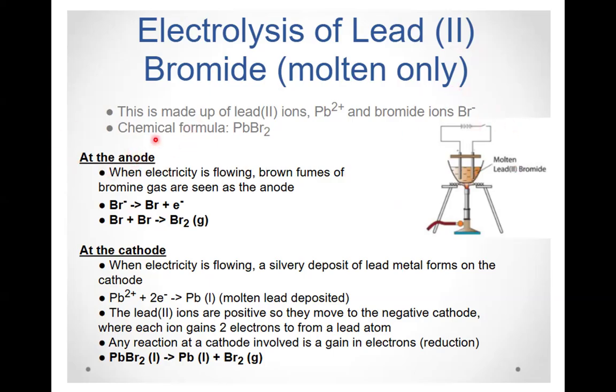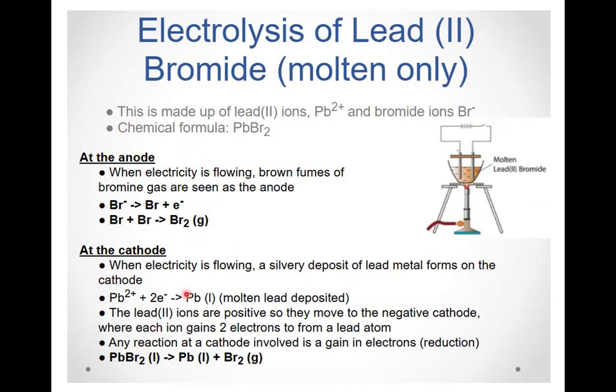As you would expect, at the anode the bromide ions will get discharged and bromine gas will be given off. You would know that because when electricity is flowing, brown fumes of bromine gas are seen at the anode. At the cathode, when the electricity is flowing, a silvery deposit of lead metal forms.